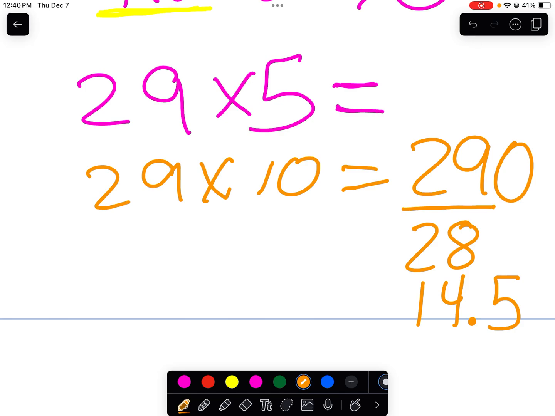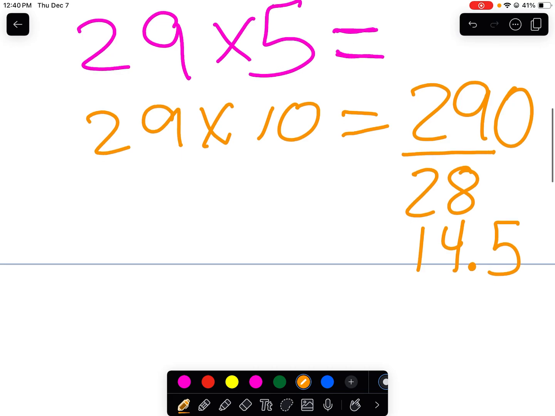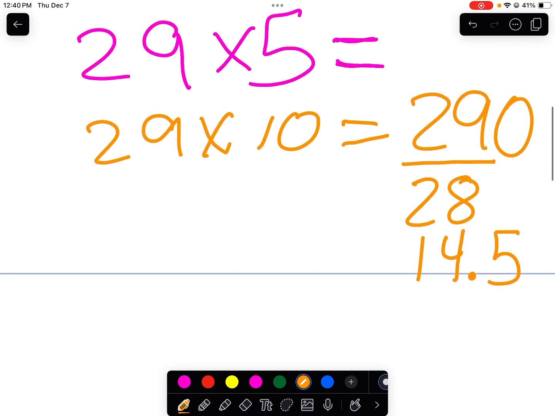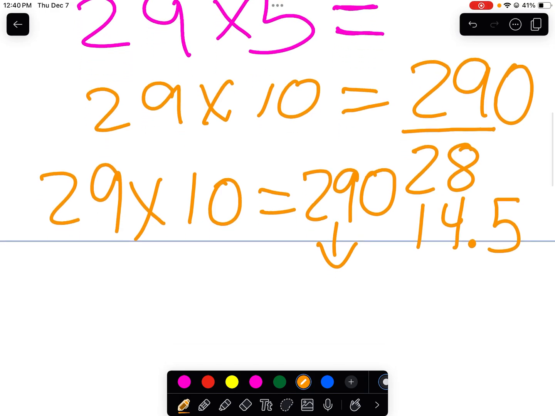And so now my answer is going to actually be, what did I do here? So 29 times 10 is 290. I'm going to take 290 and I'm going to divide it by 2. If I divide it by 2, it's actually 145 because here we had 28.